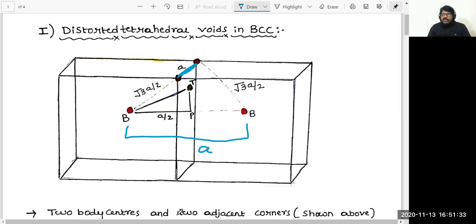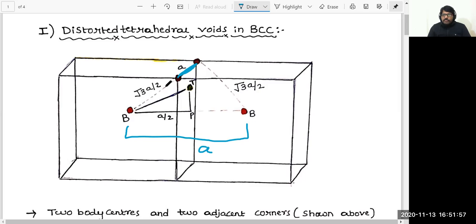So you know a tetrahedron has 6 edges, but in this tetrahedron, all edges do not have the same length. See, this edge has the length a, this edge has the length a, but this edge has the length root 3a by 2. This is another edge actually. This edge also has the same length, root 3a by 2.